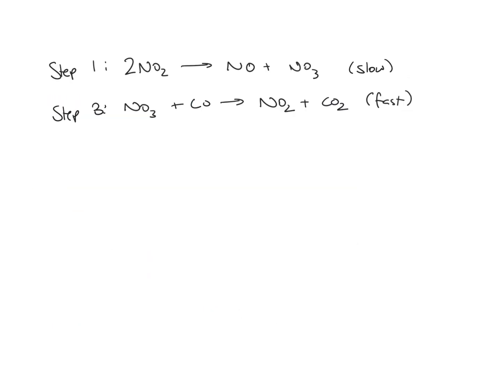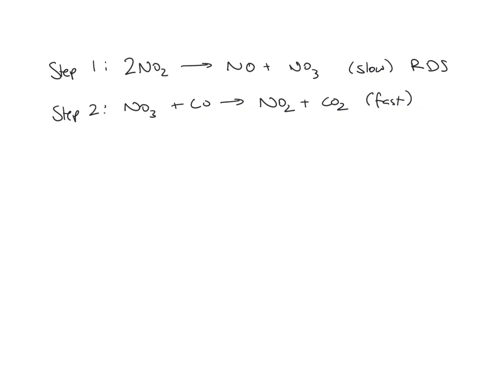So we've seen this example in class before, but let's say we have this reaction here where in the first step, we have 2NO2. We'll make NO plus NO3. That's our slow step, otherwise known as the rate determining step, or RDS. In step 2, we have NO3 plus CO gets turned into NO2 plus CO2.